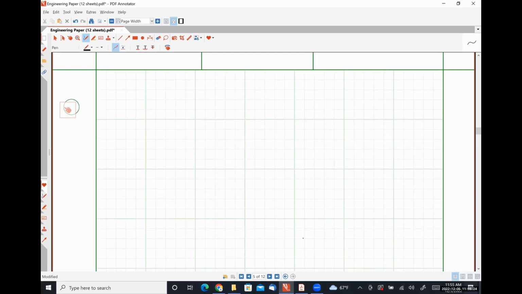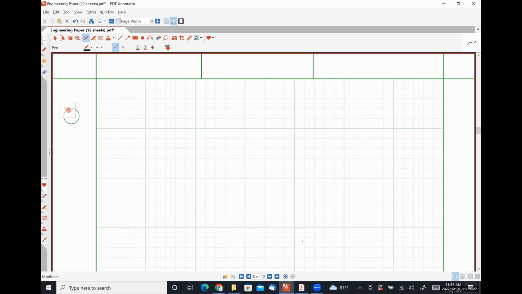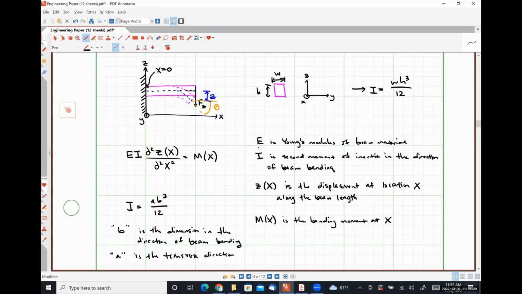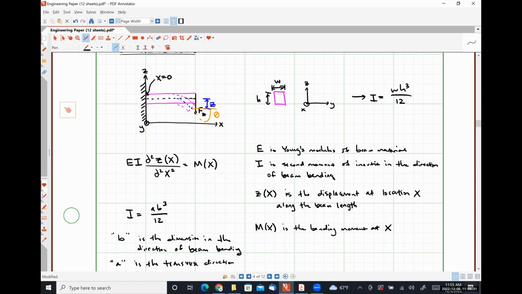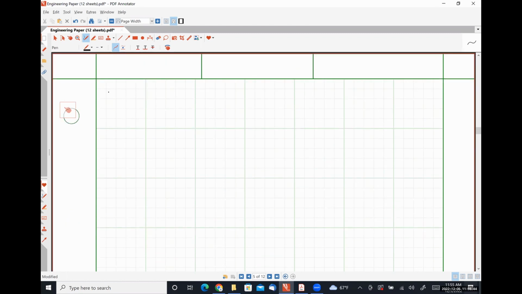All right, so if we apply a point force at location L, okay? So let me draw something here. So this is location L, the location at which our point force is applied, the bending moment M. So let's write this down.